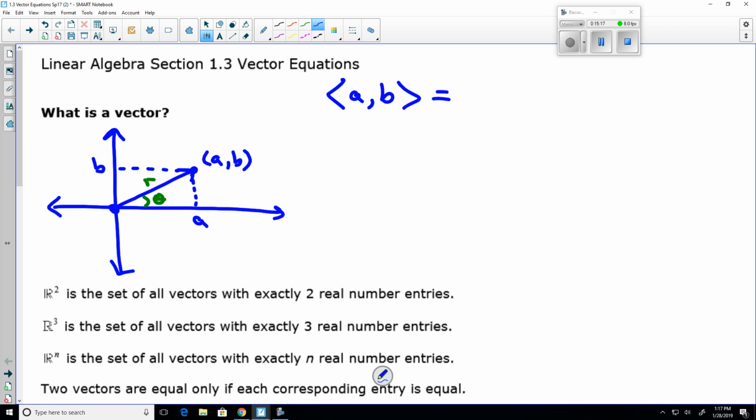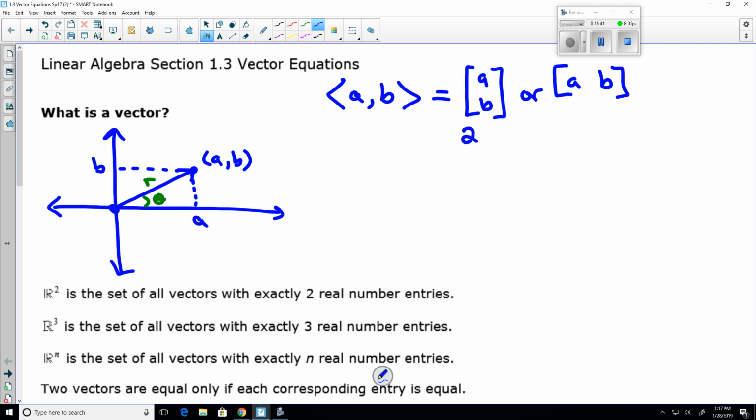We're going to write these vectors like this. Or like this. Like it's a matrix. So this will be a matrix with 2 rows and 1 column.